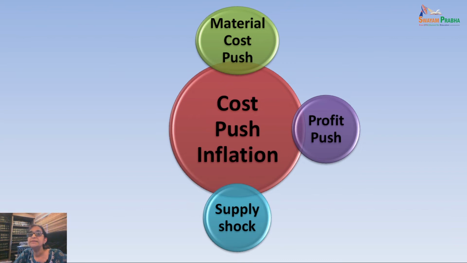Then another reason for cost push inflation can be a supply shock. A sudden decrease in the supply of raw material will push your aggregate supply curve inwards, which will increase your equilibrium price. Another reason for cost push is identified as wage push.